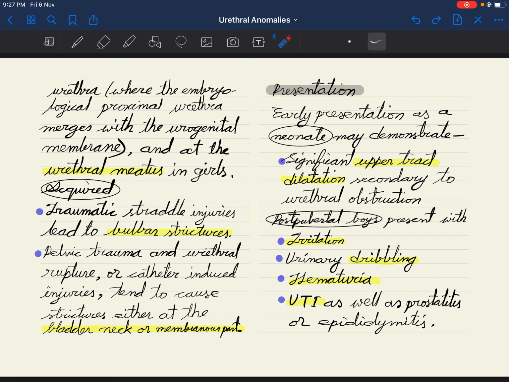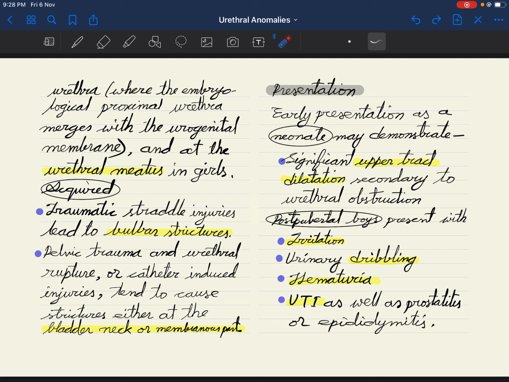And in acquired cases, straddle injuries lead to bulbar strictures, while pelvic trauma and urethral rupture or catheter-induced injuries tend to cause stricture either at the bladder neck or membranous part.